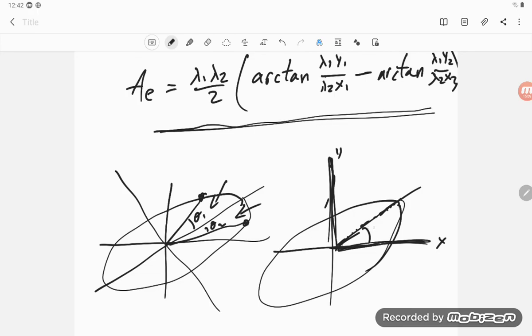So it could be this is theta 2 and that's theta 1, and in this picture, oh yeah, piece of cake, the two of them add up to 90 degrees, but it does matter. It's not just the angle itself with an ellipse, right? It matters where that angle is, because this same sector here with theta 1 and theta 2 is going to give me a very different answer than if I took that sector over here somewhere. Because the ellipse is longer, there's going to be more area.